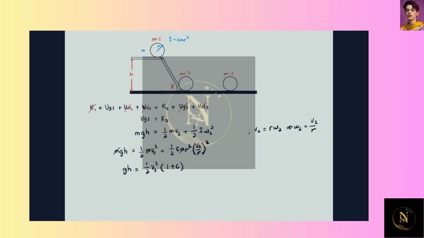Solving for v sub 2, v sub 2 squared equals 2gh over 1 plus c. Finally, taking the square root of both sides, v2 equals the square root of 2gh over 1 plus c.